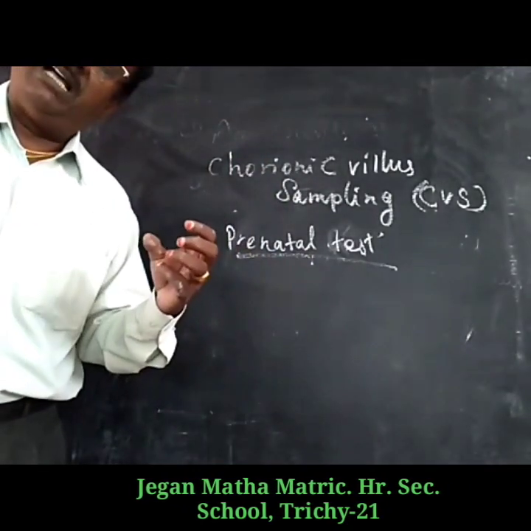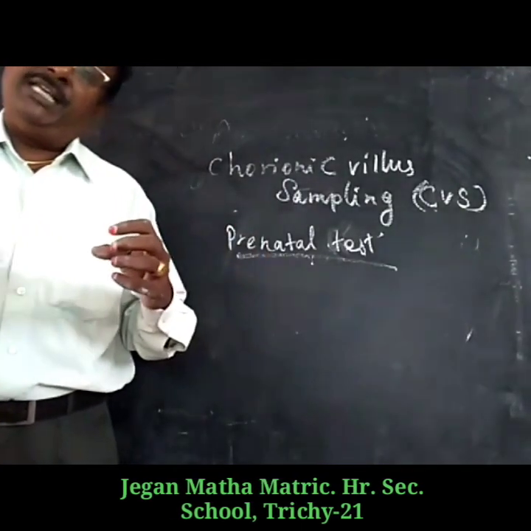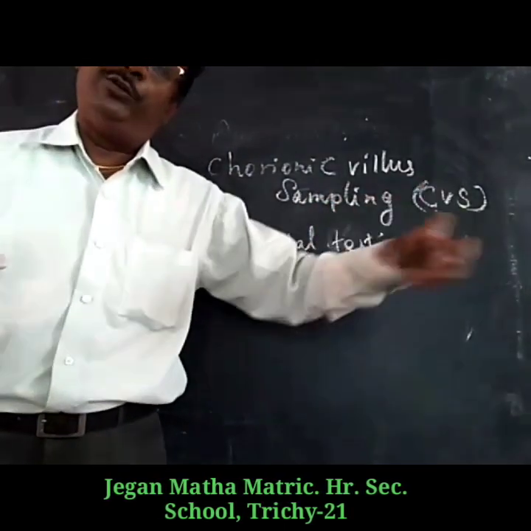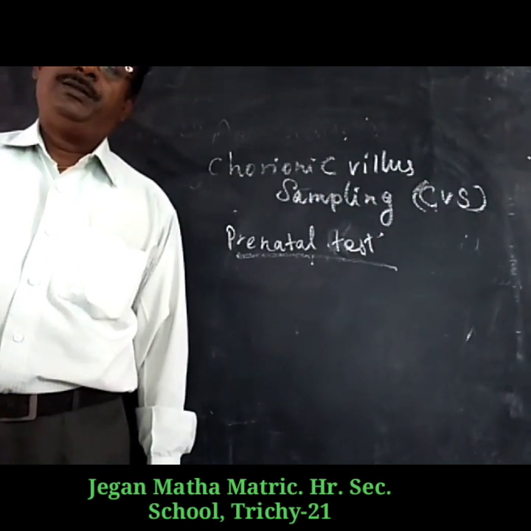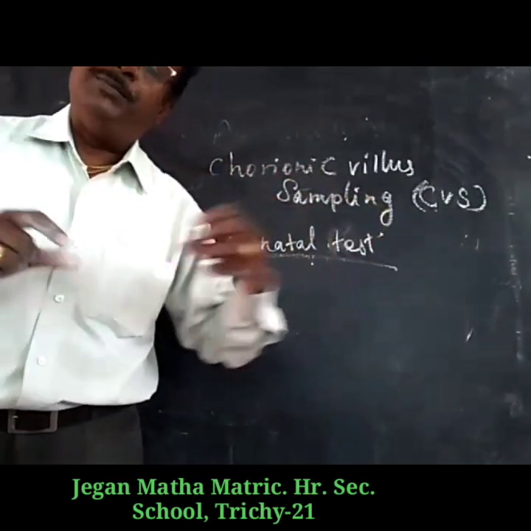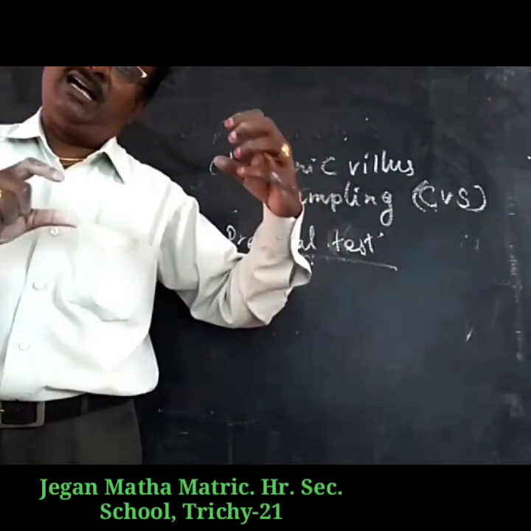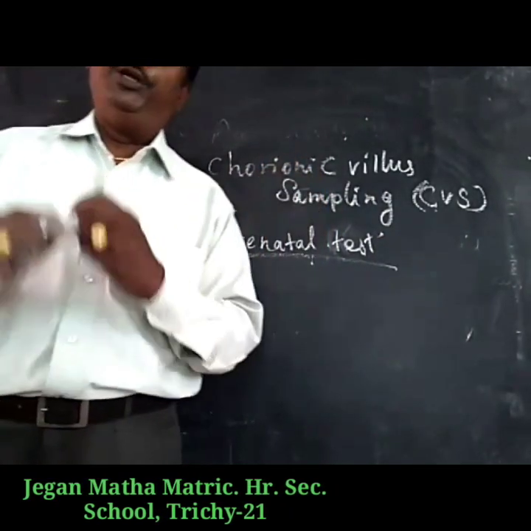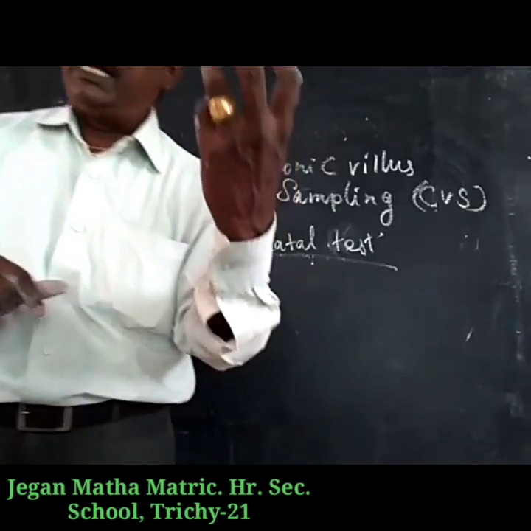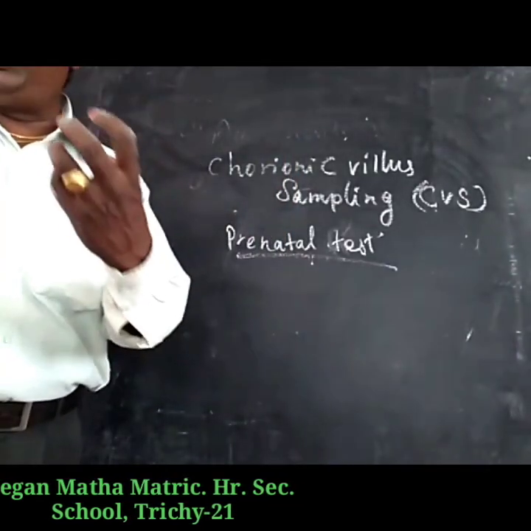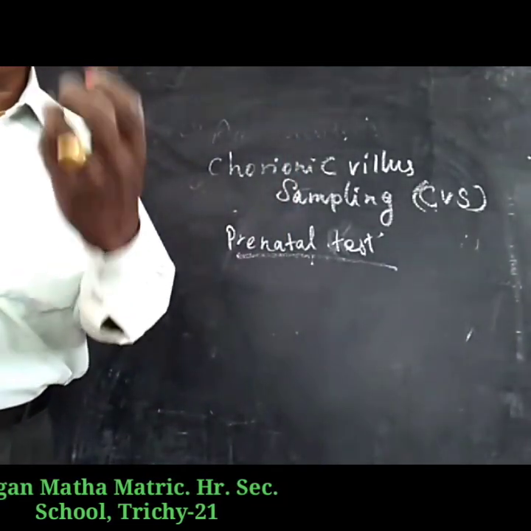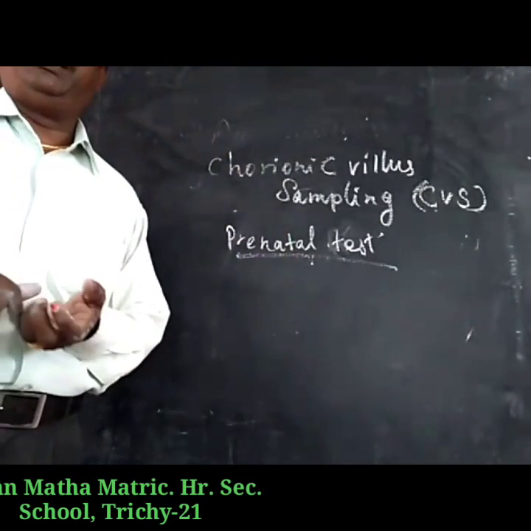What is the placenta? It is connected between the embryo and the wall of the uterus. The connecting tube is called the placenta. The placenta contains all the characteristics of the embryo. The samples are collected from the placental tissue to test for chromosomal abnormalities.